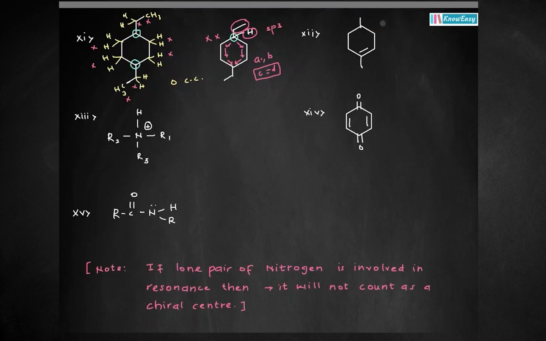Now you will solve this particular question. Take time and please solve it. Okay, now if you have solved it, then please check your answer. First of all, find out the hybridization. So this is a CH3. CH3 means this is sp3 hybridized, but it has 3 same groups, like hydrogen, so it will never be a chiral center. Got it? That means this is not a chiral center, this is not a chiral center.